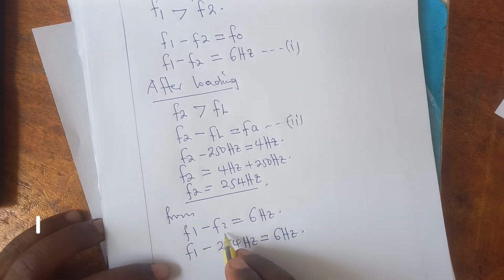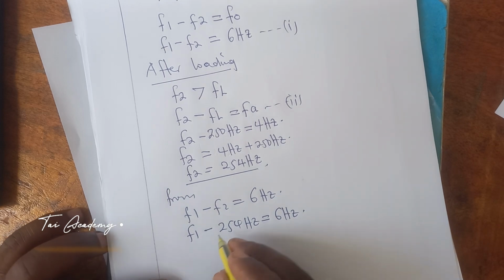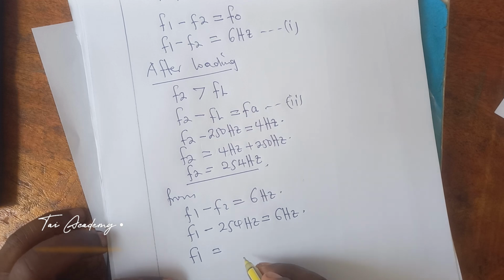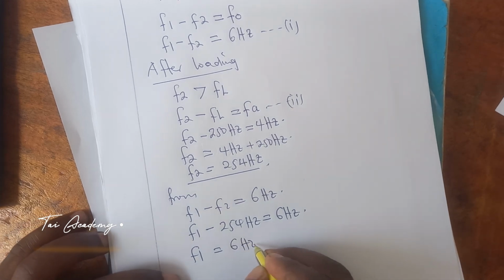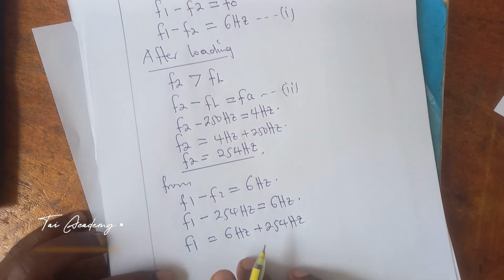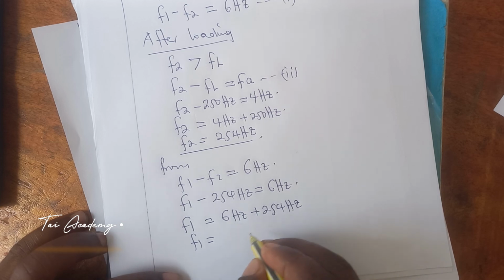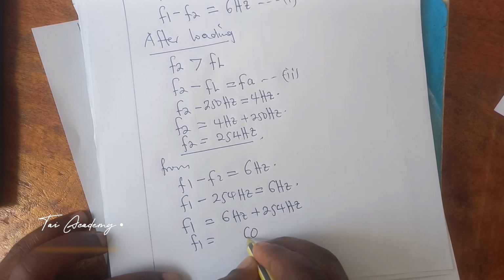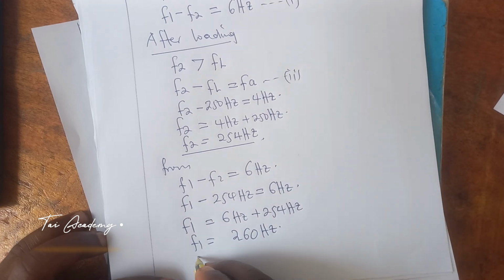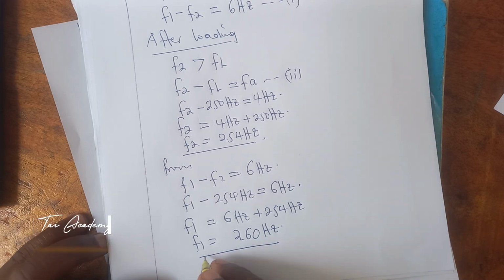We substitute this value into equation 1 in order to get the frequency of the other note. This one crosses the equal sign and will be positive. Frequency 1 will be equal to 6 Hz plus 254 Hz. Now, frequency 1 will be equal to 260 Hz. This will be the frequency of the other note.